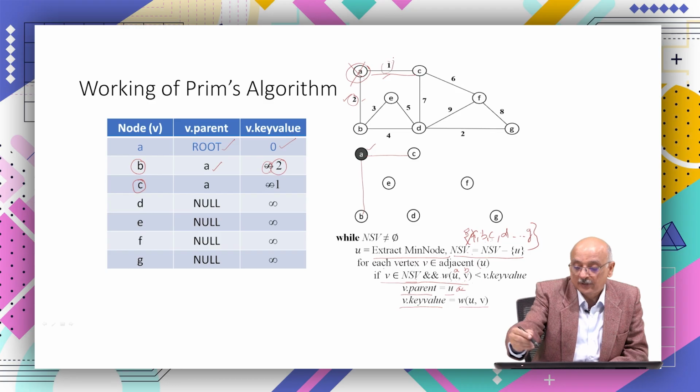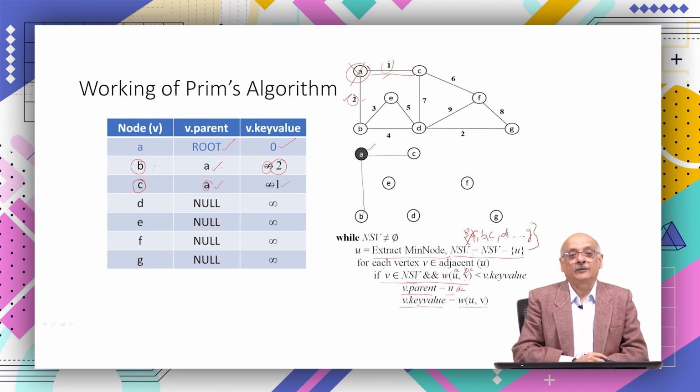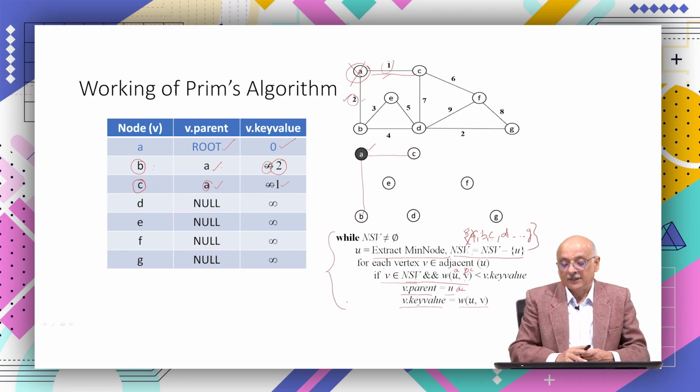Yes, the key value was infinite, and the weight of A to C is just 1. Now it is not A to B anymore, we are referring to A to C. So now the parent of C is going to be A, just like the parent of B was also A, and the weight gets changed to 1. All right. So this is how the algorithm is working.